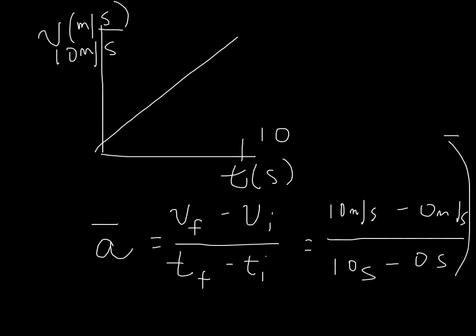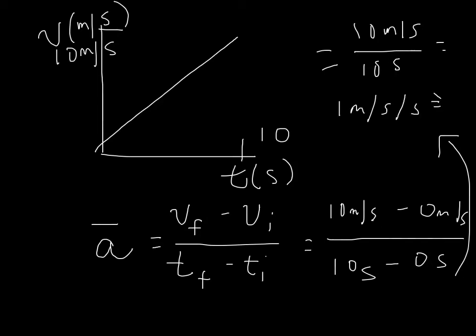So if I kind of bring this up here, that would give us 10 meters per second over 10 seconds, which equals 1 meter per second, or 1 meter per second squared. And that's what you'll see most often, this kind of notation, the meter per second squared.